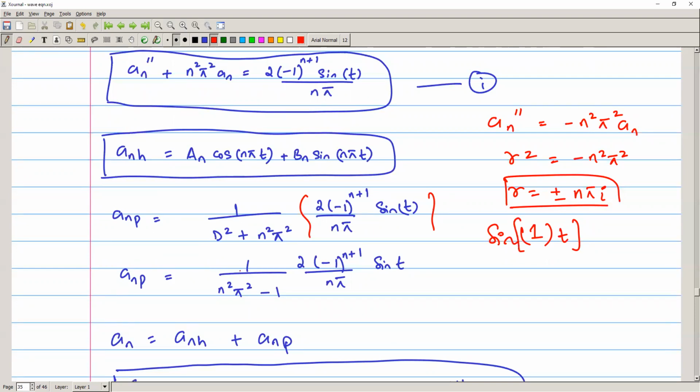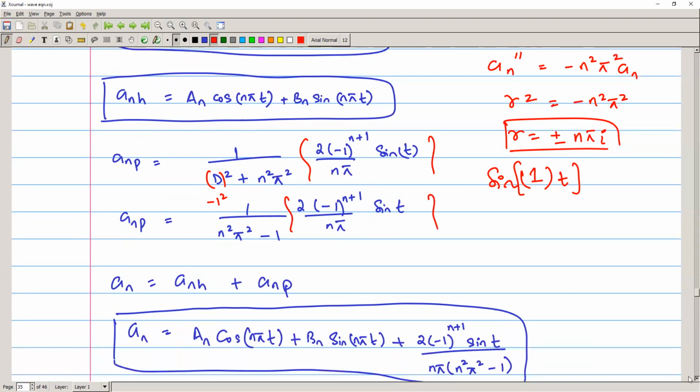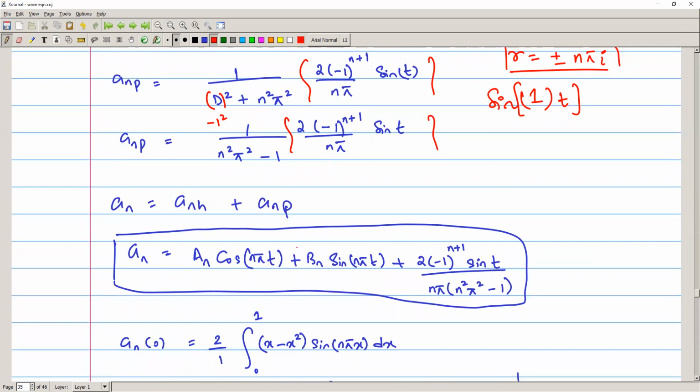So we plug negative 1 squared in place of D squared, and now it will be 1 over n squared pi squared minus 1 times this function. This is the particular solution for this ordinary differential equation.